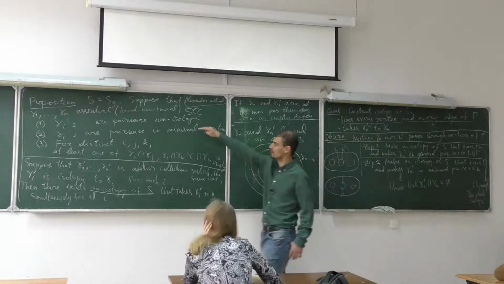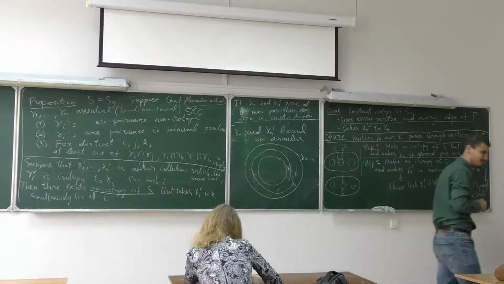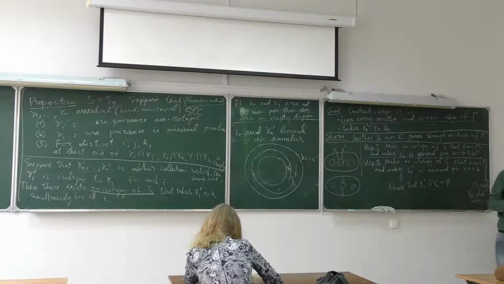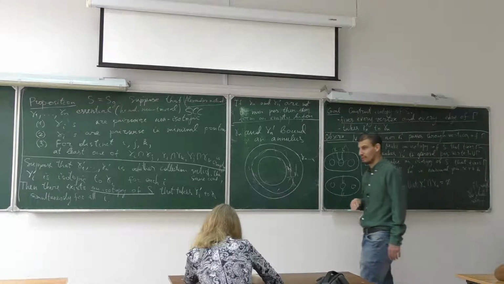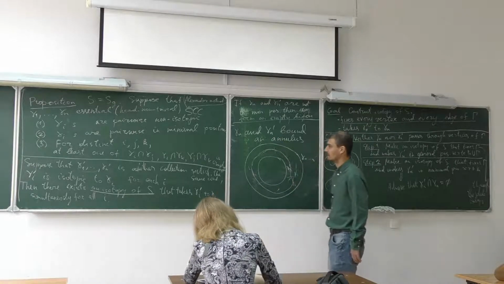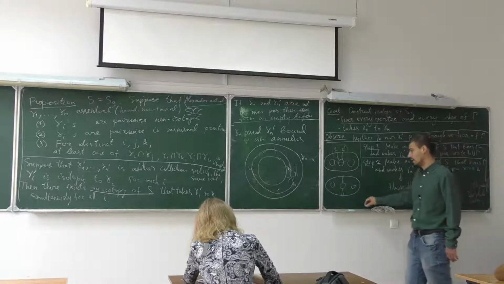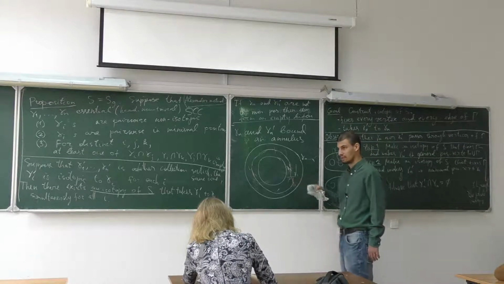But now we still have not used the first condition, that curves are pairwise non-isotopic. Now it is important that this is also not possible, since the gamma i's are pairwise non-isotopic. Hence, we have no vertices inside.